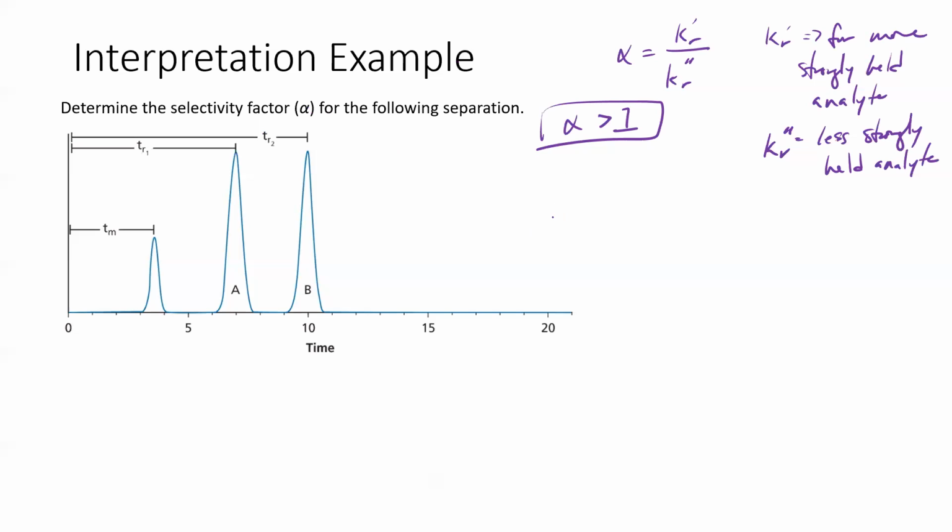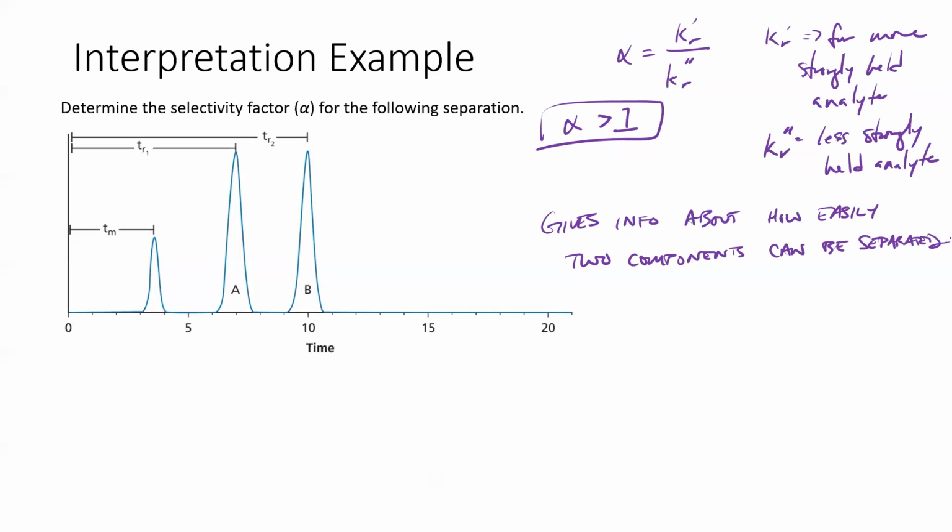This gives us some information about how easily two components can be separated. Go ahead and calculate alpha for this example.